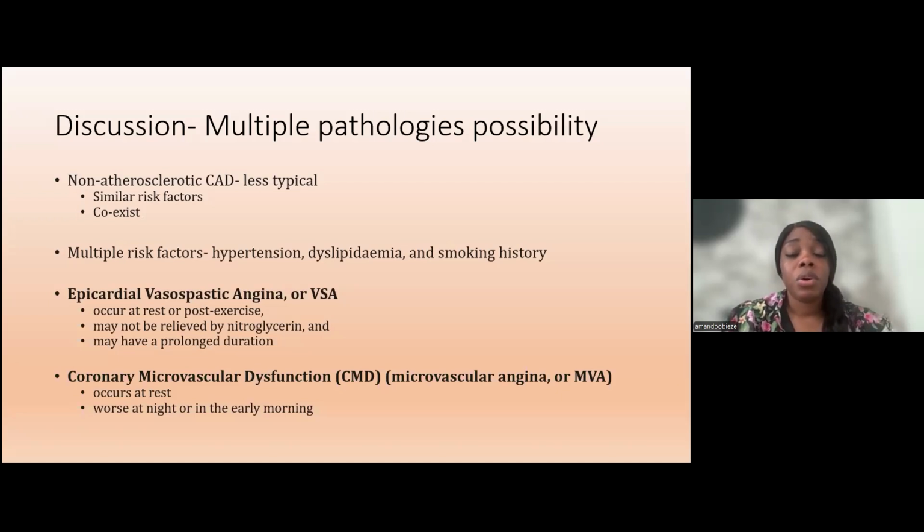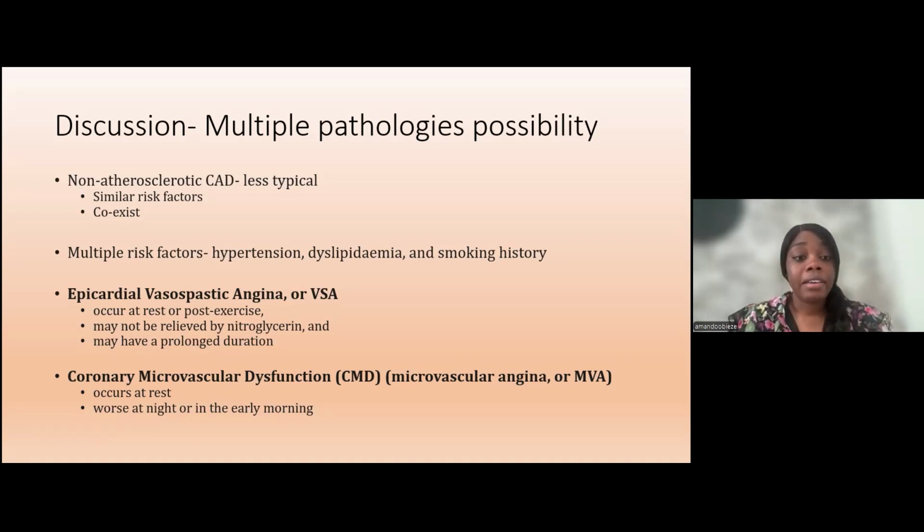So there's a question that we've asked in this case report. Could it be possible that this patient had multiple pathologies in this case? We're thinking he obviously had atherosclerosis, but did he also have non-atherosclerotic CAD?